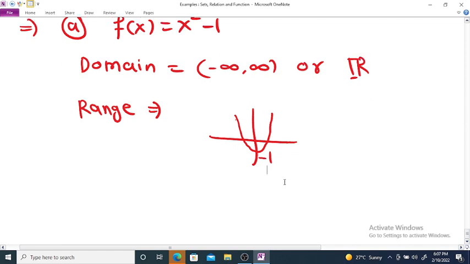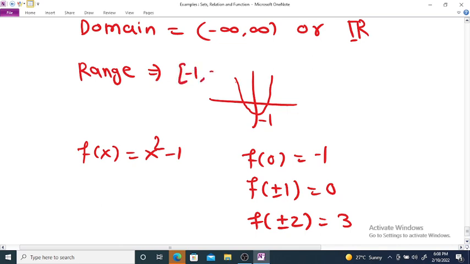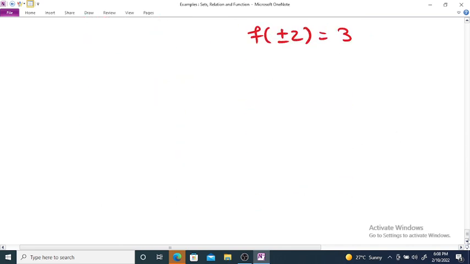In other words, f of 0 is minus 1, f of plus or minus 1 is 0, f of plus or minus 2 is equal to 3, and so on. So what is your range? It is minus 1 to infinity. The y-axis represents the range, and therefore range is minus 1 to infinity.